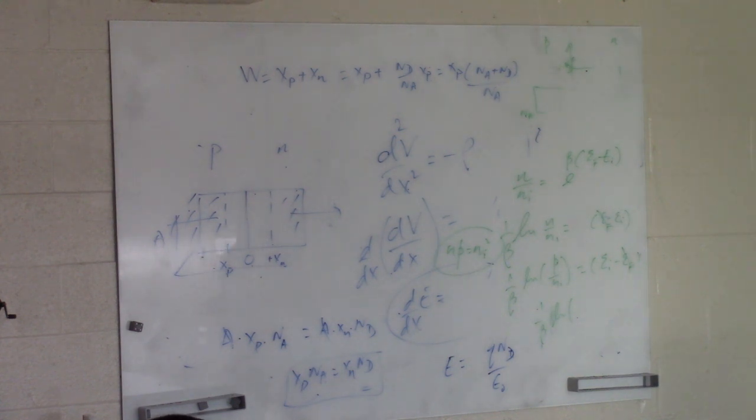In this case, where is the electric field? It's to the right, so the electric field is in this direction. Electrons will move opposite to the electric field.